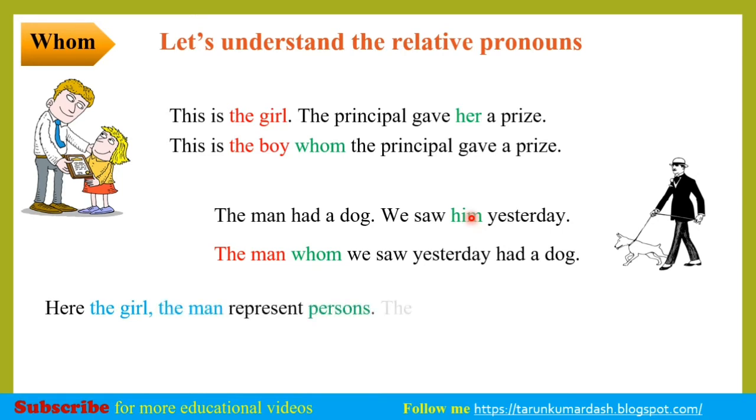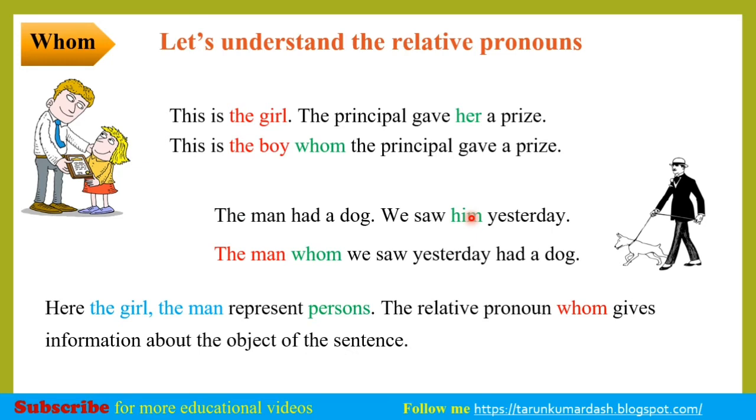Here, the girl and the man represent persons. The relative pronoun whom gives information about the object of the sentence. Object of the sentence means, in the second sentence you can see, the principal gave her a prize. Here the principal is the subject and her is the object.